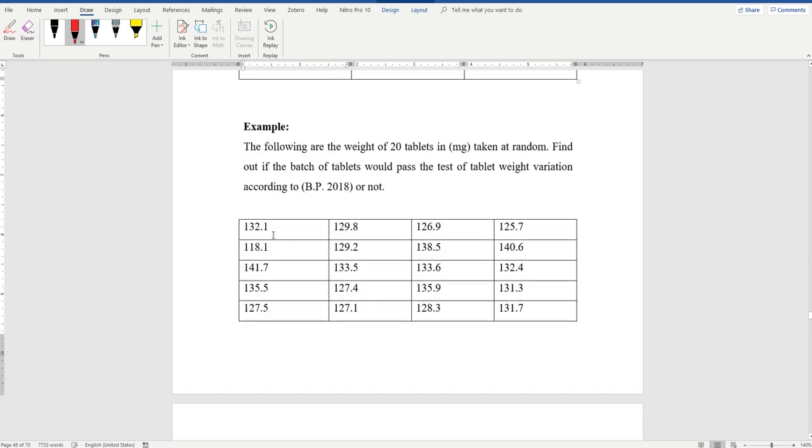Then calculate the percentage of each one from the average. For example, if the average is 130, then the first one will be 132.1 divided by the average. Assuming it's 130, then multiply it by 100% to get the percentage of each one.